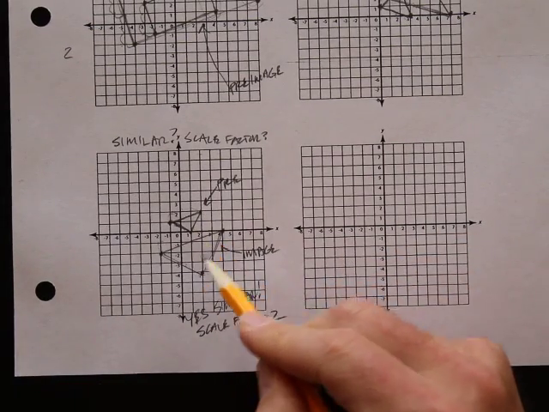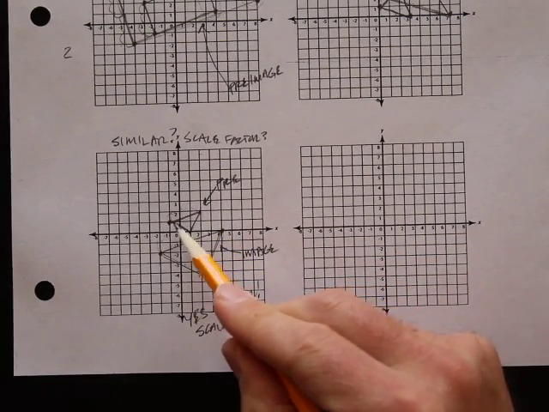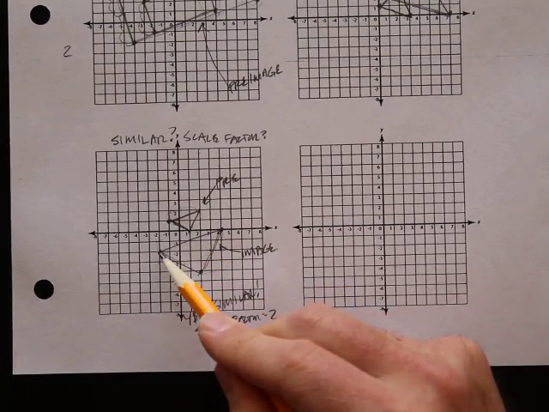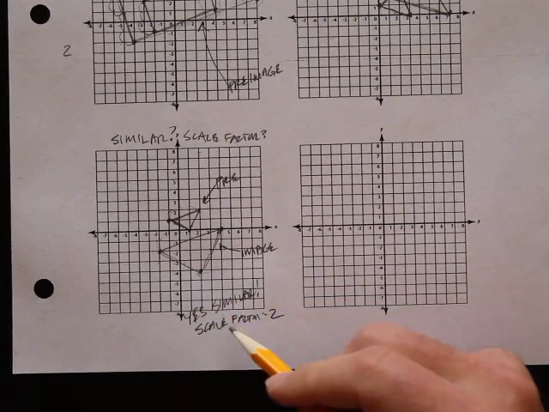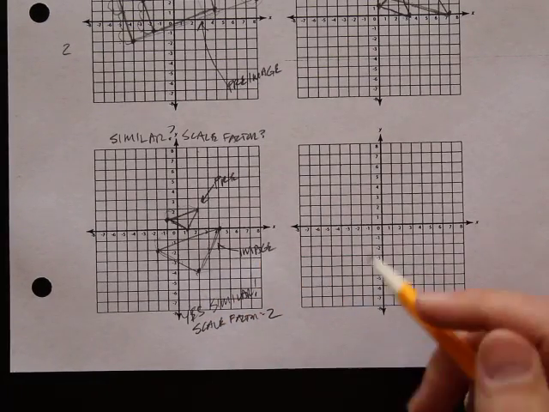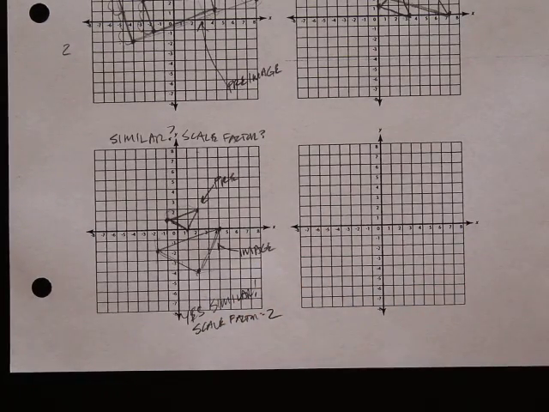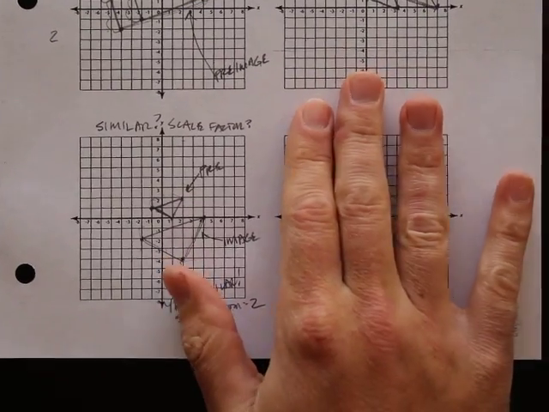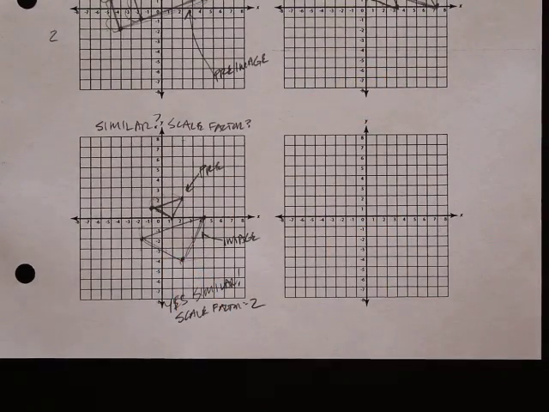You could also find the distance between these two and the distance between these two, and find the scale factor that way, and you should still find 2. Either way, you should end up with a scale factor of 2. All right, kind of a messy one here, but there it is. And good luck on the homework. This was the last section of Chapter 7.